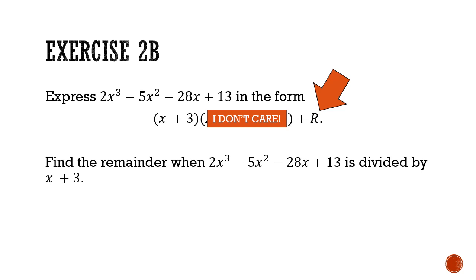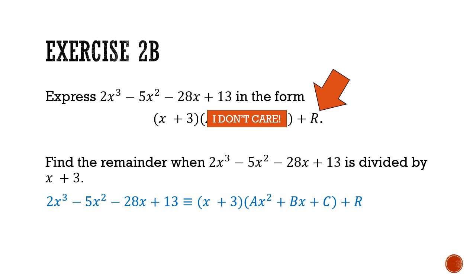Well, it turns out that the polynomial identity method is a little bit faster, and here is why. If I equate them as a polynomial identity, I don't have to expand and find a, b, c anymore either. Since it's a polynomial identity, I can substitute any number I like for x, and I'm going to choose a very nice number. I'm going to choose x equals negative 3, because when I substitute it into the right-hand side, negative 3 plus 3 cancels out.